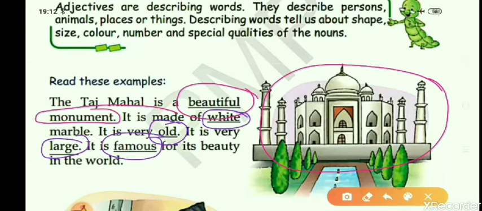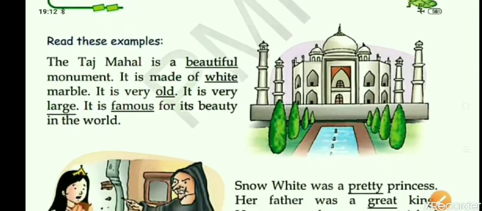All these words are describing the monument Taj Mahal. Taj Mahal is beautiful. It is made up of white marble. It is old. It is large. It is famous. So all these words, beautiful, white, old, large, famous, are describing the monument Taj Mahal. Clear? Now moving on to the next example.